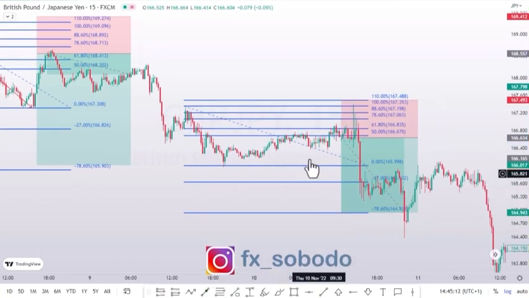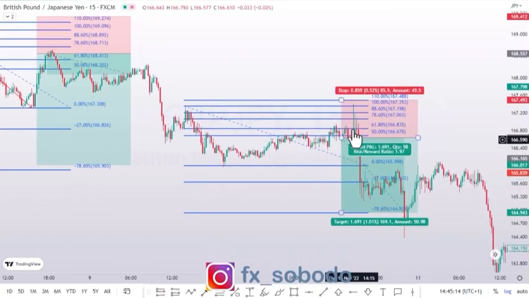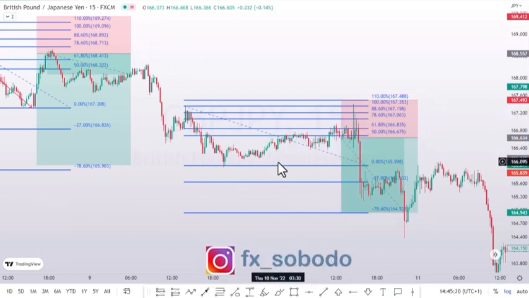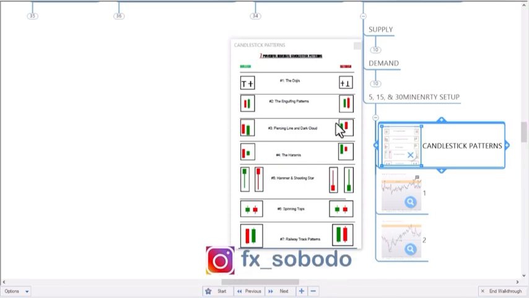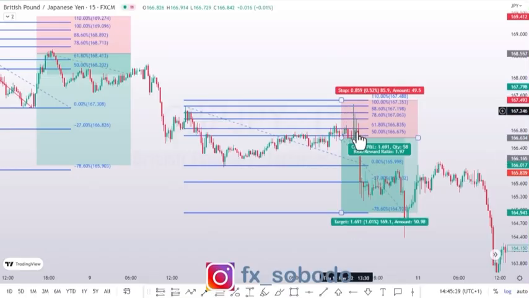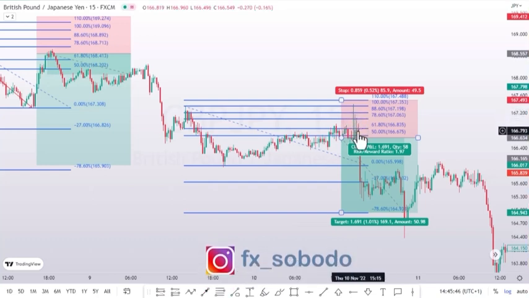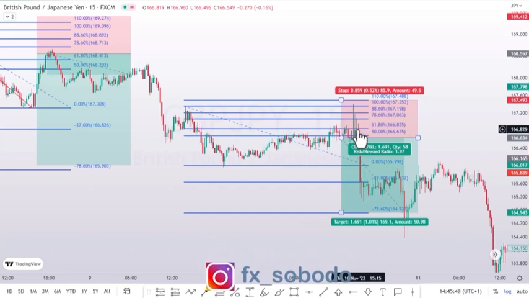Okay, so what candlestick pattern formation can you see here in order to buy? Let's go back to our candlestick patterns. Amongst these 7 reversal candlestick patterns, what candlestick pattern formation did you see on that chart here? The moment you spot that candlestick pattern formation, then you trigger the market.